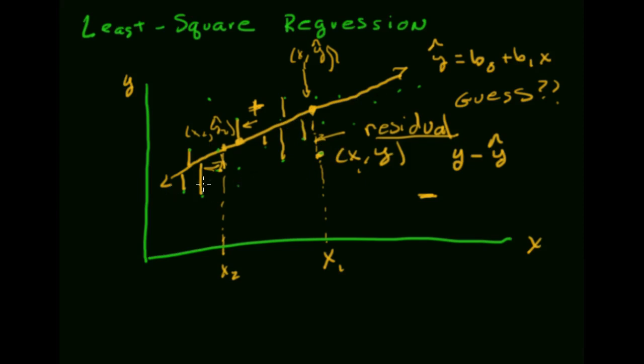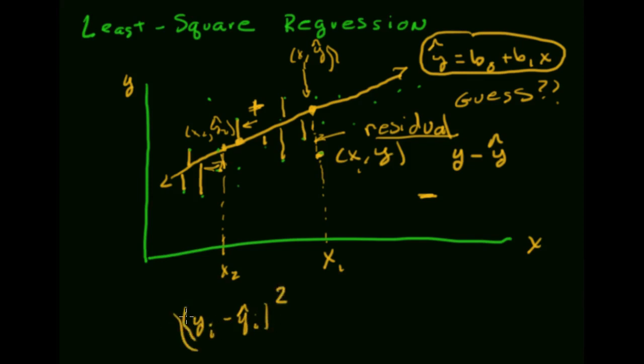Okay, so what we're going to do is pick the line where, if I take each of these residual values, which we'll call y sub i minus y hat sub i, I'm going to take each of those residual values and square them. Why am I squaring them? Because I don't want the negative ones to cancel out the positive ones, so I'm going to make them all positive. The way I'm going to do that is square them, and then add those all up.